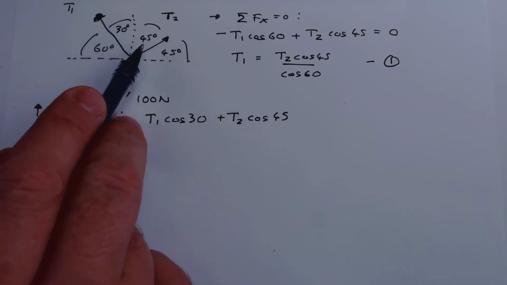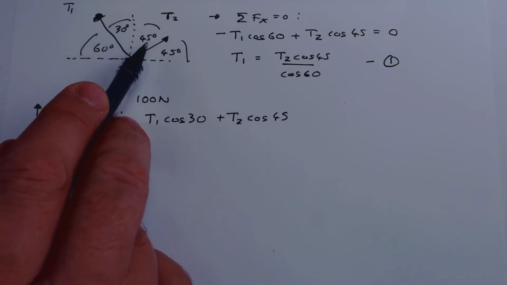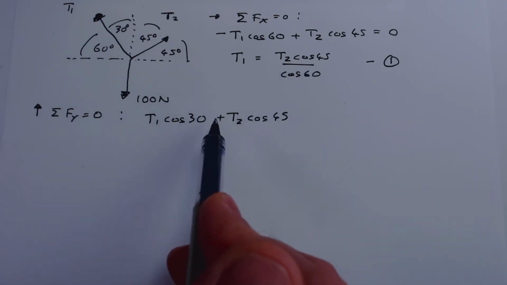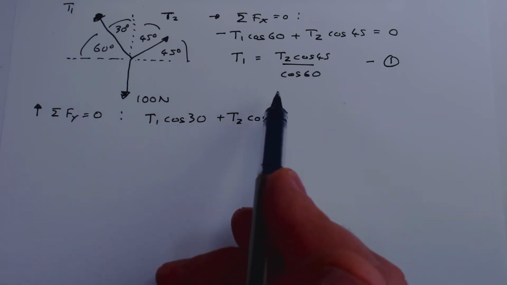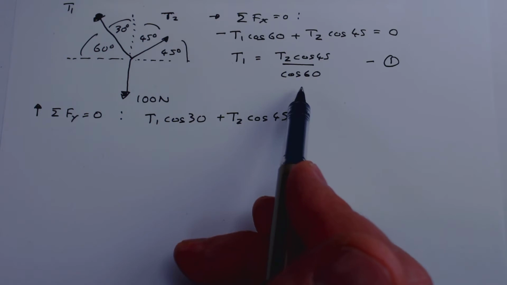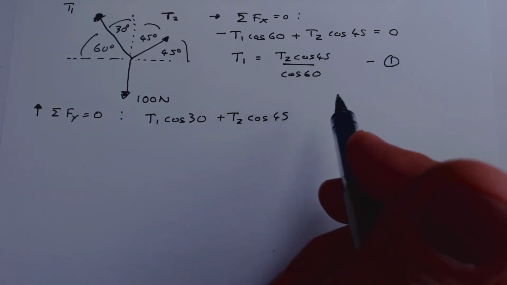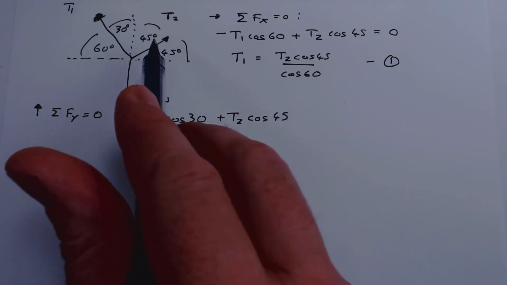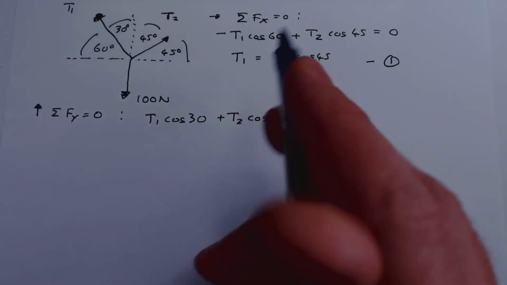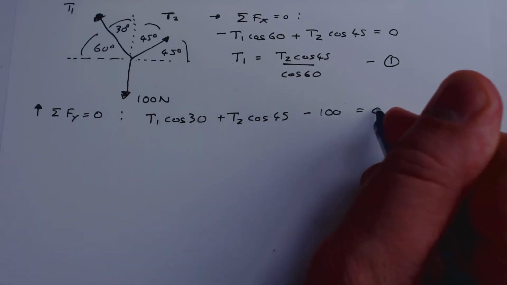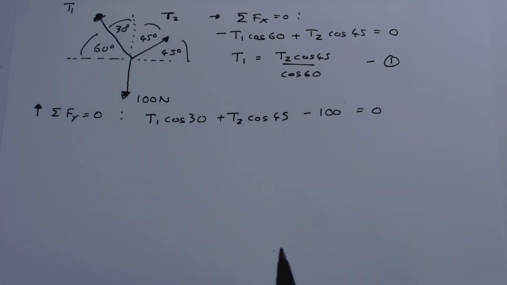Not only is it easier, what we're saying to ourselves is, oh, we have to swing through that angle, but when I combine this and this together, I've got a cos 60 and a cos 30. I know that they're different things. Anyway, let's carry on. So that's those two things swung through and going upwards. Then we've got minus 100 newtons going straight down, equals 0.